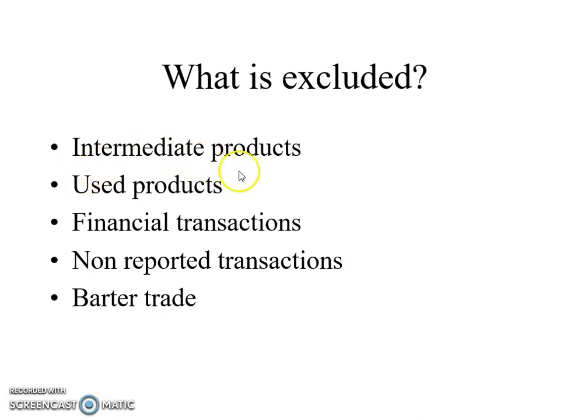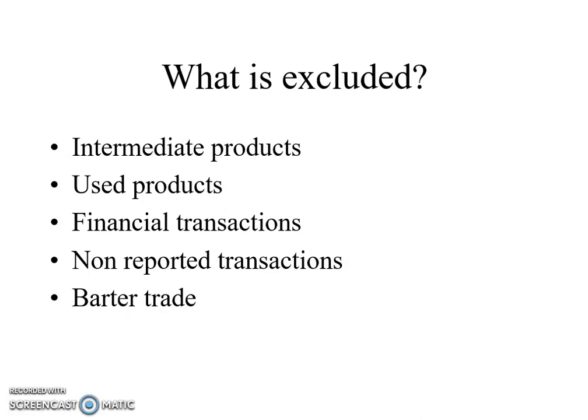For example, a Michelin tire. A Michelin tire could be bought by a car producer in order to produce his car, right? In this case, if the client buys the car, he's not buying the tire, but buying the car. So in this case, the tire is an intermediate product.